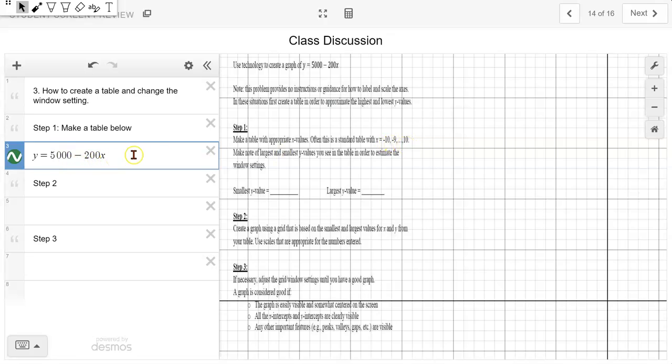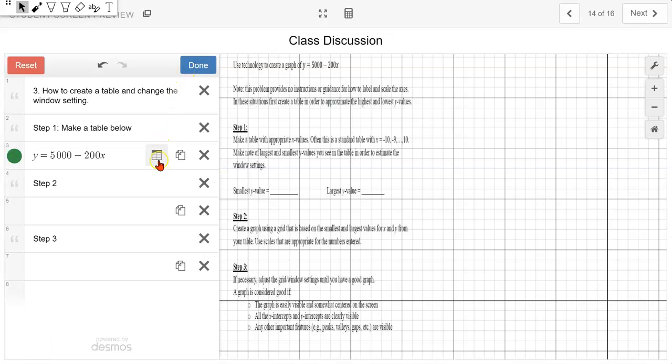So remember how to get a table again after we type the equation? So we click on the edit list and then convert to table.